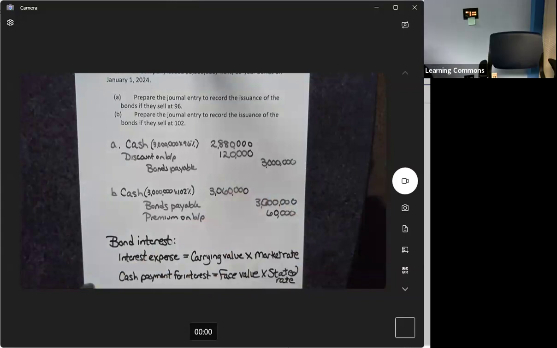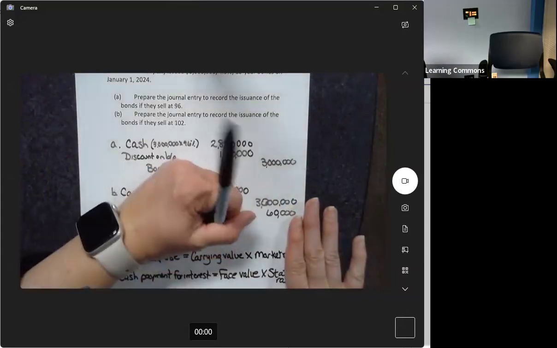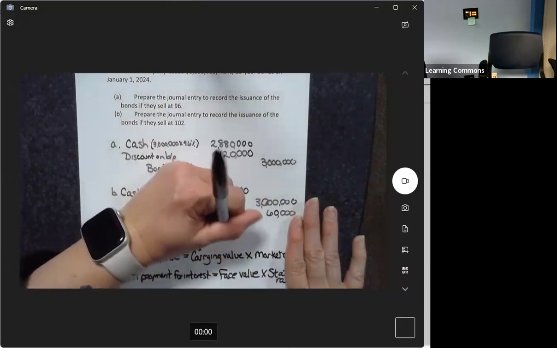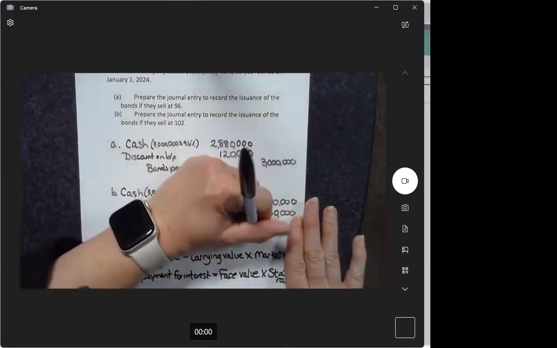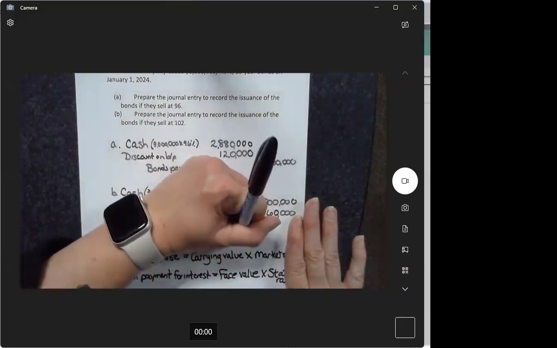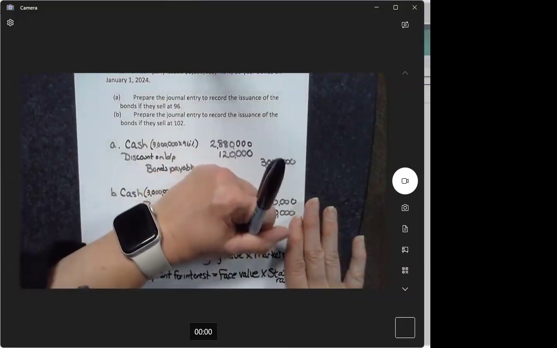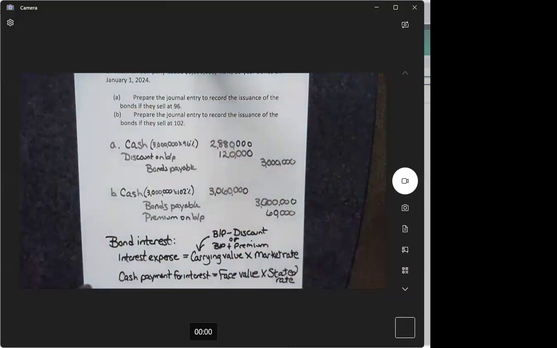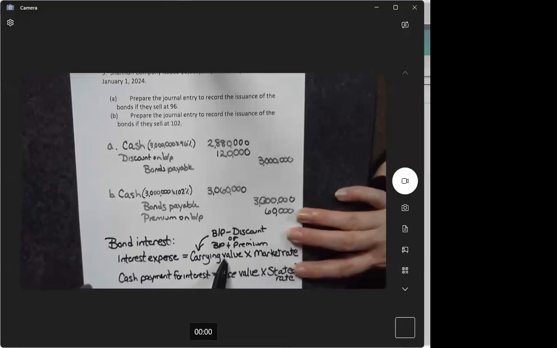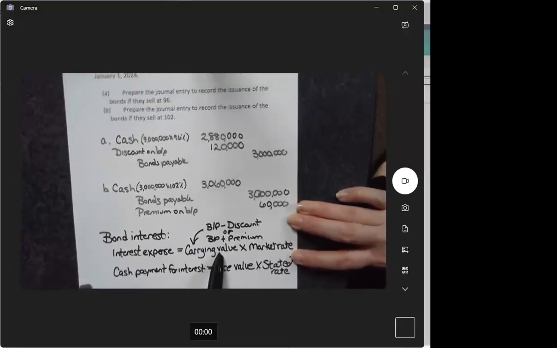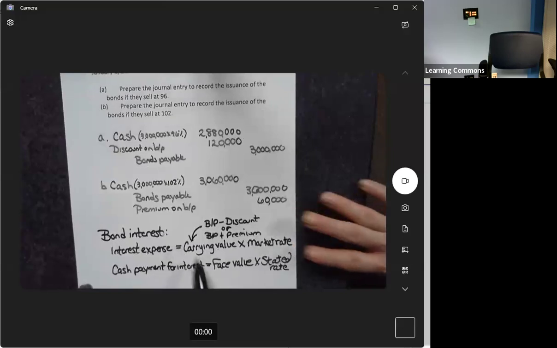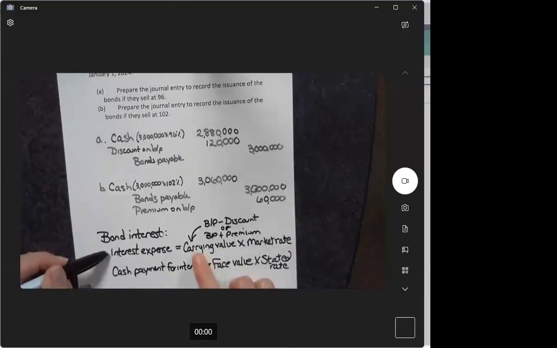Okay, because thinking back, remember that carrying value is the bond payable minus the discount, or the bond payable plus the premium. Every time we make an interest payment, that carrying value changes. So every year when we are making the calculation for interest expense, we have to recalculate it.